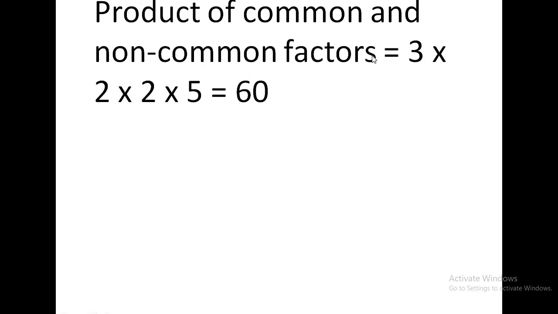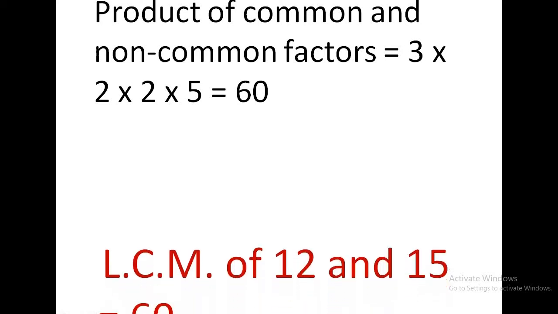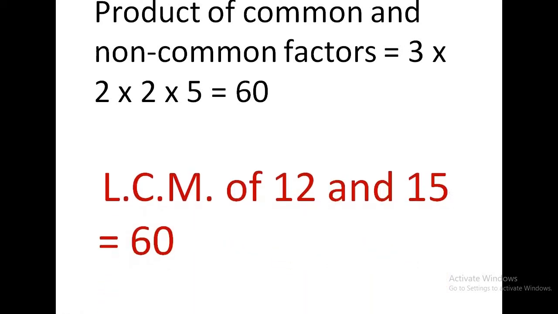So 3 multiplied by 2 multiplied by 2 multiplied by 5 gives you the product 60. 3 times 2 is 6, 6 times 2 is 12, and 12 times 5 is 60. So the LCM of 12 and 15 is 60.